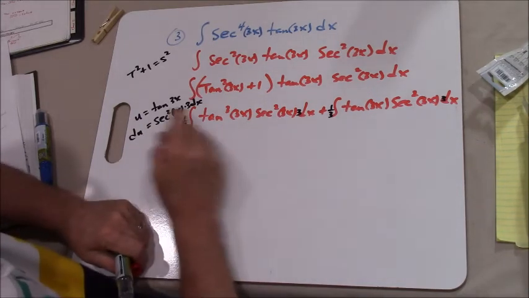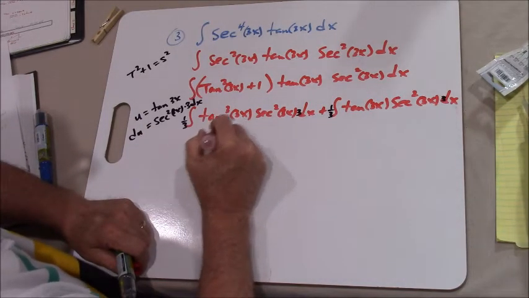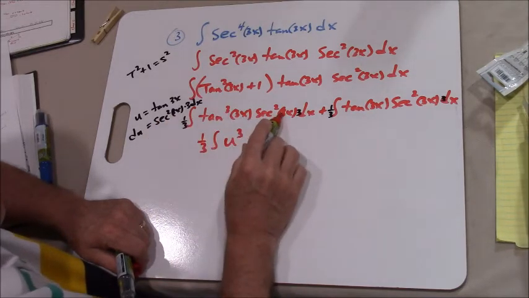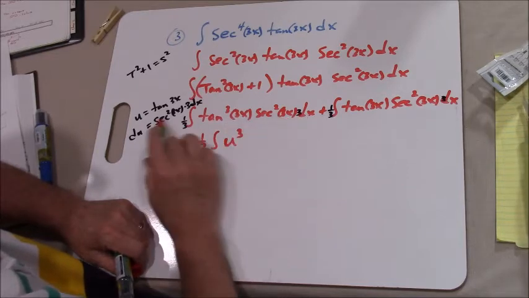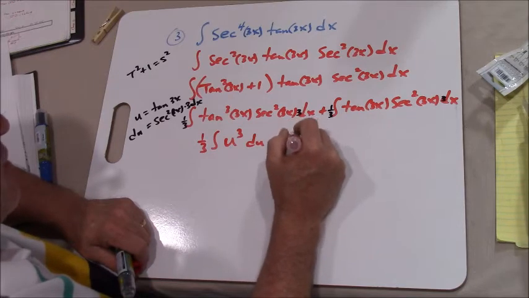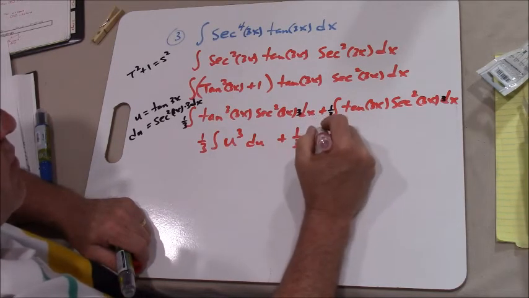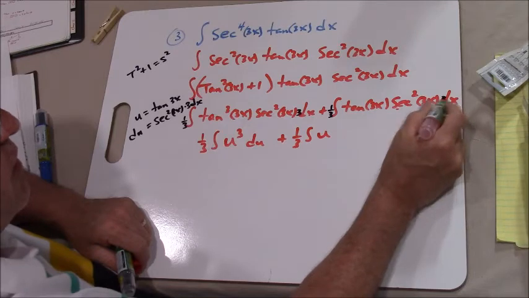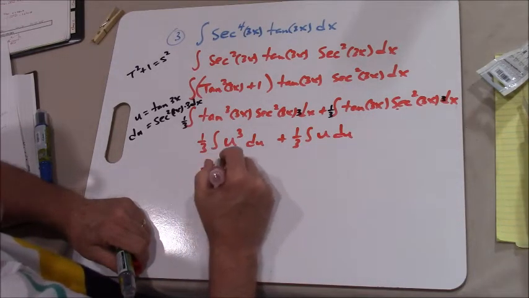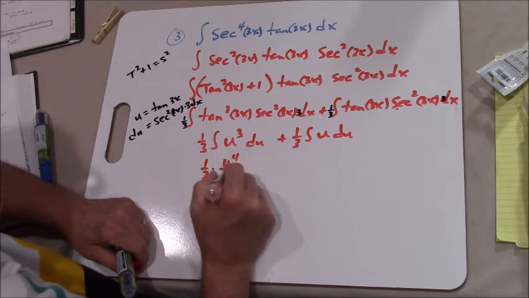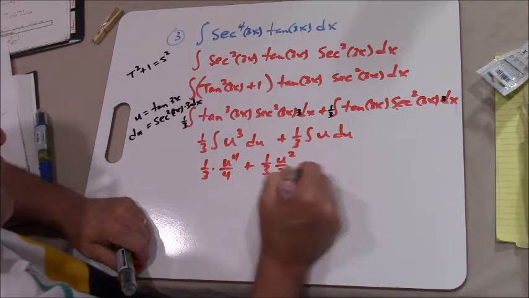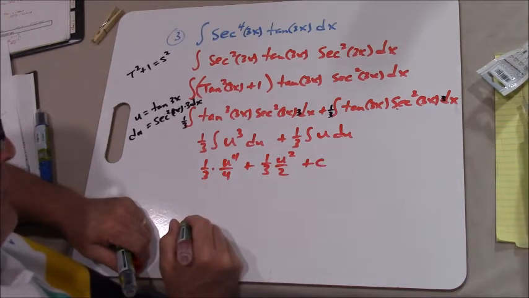Alright, so now I'll put a u in place of this, so I've got 1/3 the integral of u cubed secant squared of 3x times 3 times dx, that's my du, plus 1/3 the integral of u du, and so what I get is 1/3 times u to the 4th over 4 plus 1/3 times u squared over 2 plus c.